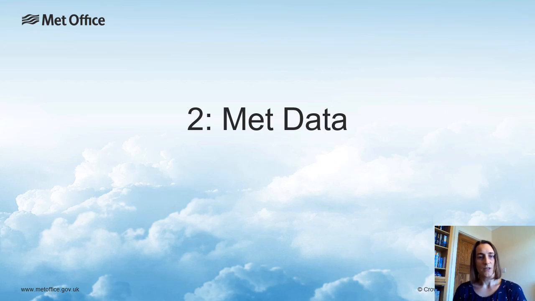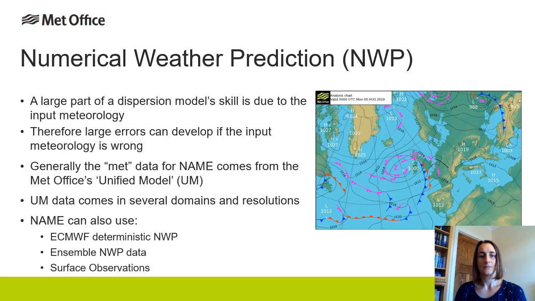The second source of uncertainty in any of our simulations, and this is both historically and in the forecast, is the meteorological data that we're using. So I've mentioned numerical weather prediction, and this is really the term used to apply to these large global and regional weather forecast models that a lot of national meteorological centres are running.